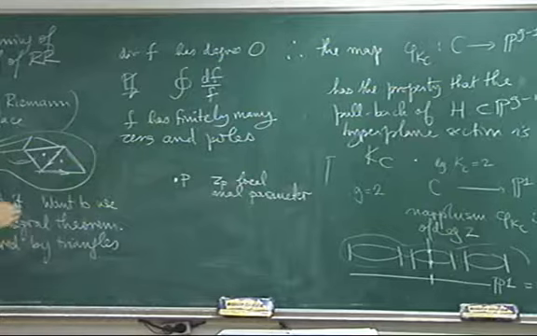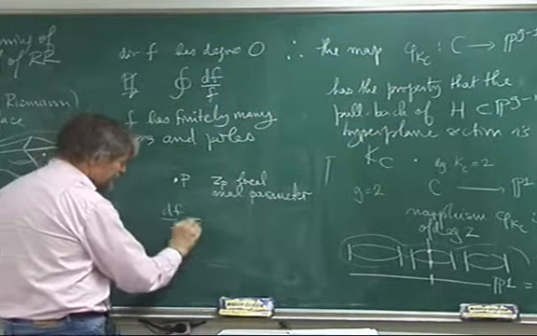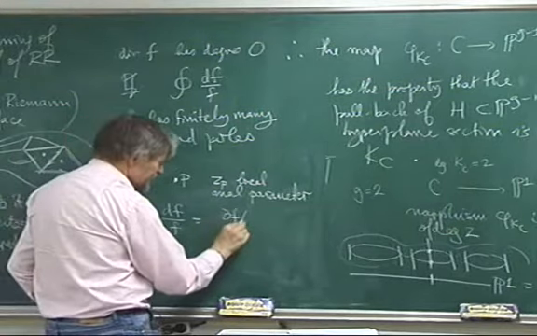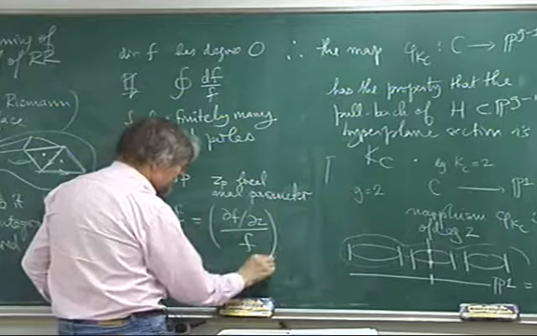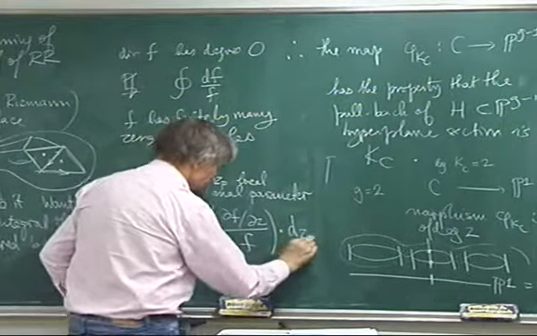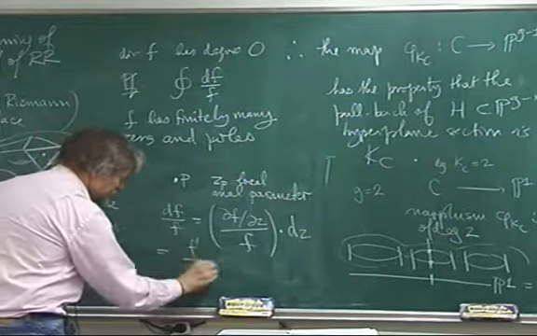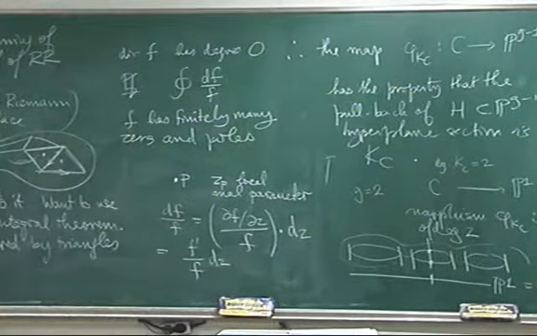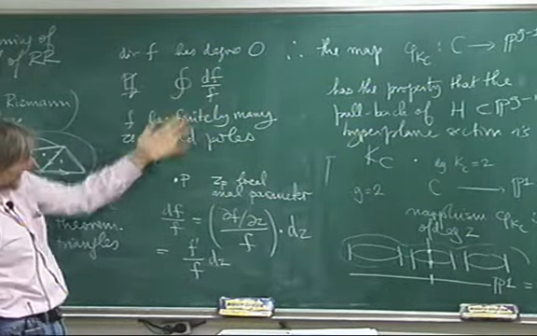Then df over f is the same thing as df by dz over f times dz. So this is f prime over f dz. So this df over f is something that makes sense. I'm going to talk about it a little later.